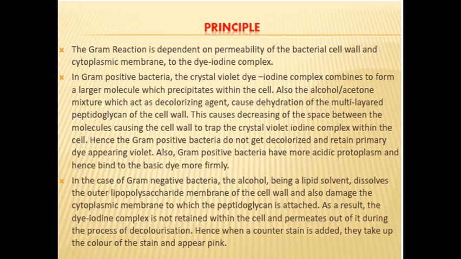In gram positive bacteria there is low lipid content, and that's why when we flood the bacterial smear with crystal violet, and after that add the iodine, a complex forms between the iodine and crystal violet, known as the CVI complex.